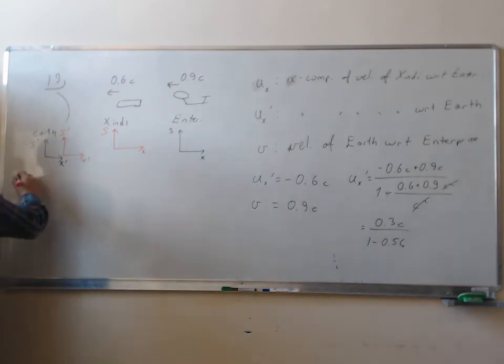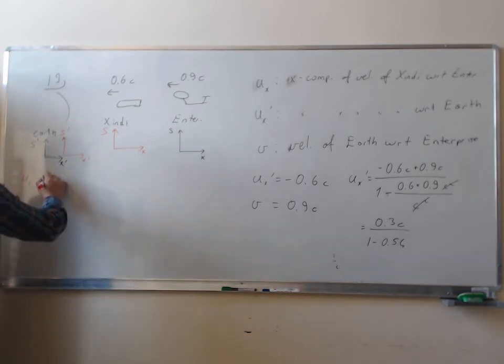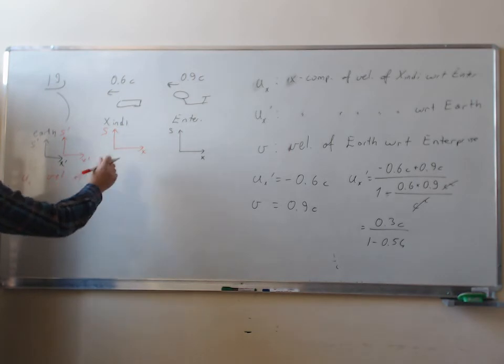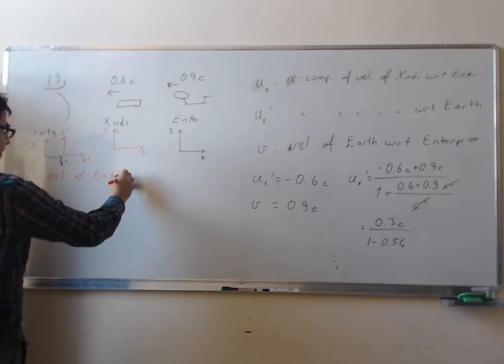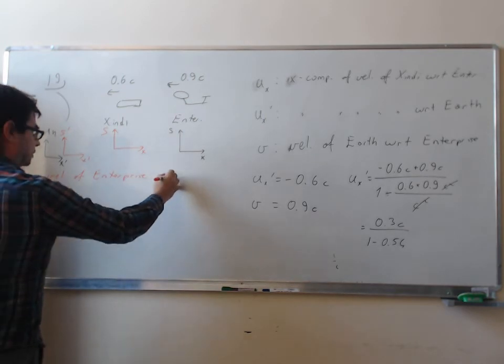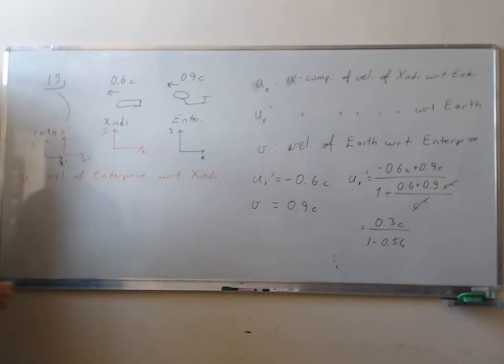So ux, this is the velocity of the object in question, here Enterprise, in the unprimed coordinate system, right? It's actually the x component of the velocity of Enterprise with respect to Zindi, the aliens. So ux prime is the velocity of Enterprise, the same object, but in a different coordinate system, a prime coordinate system with respect to Earth.